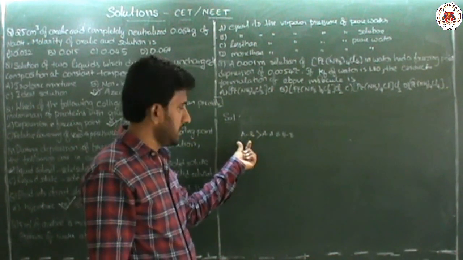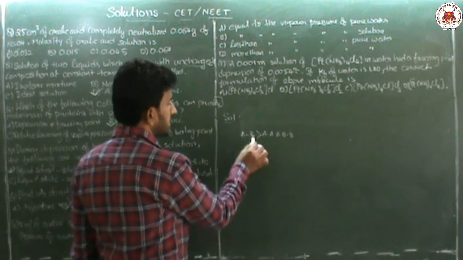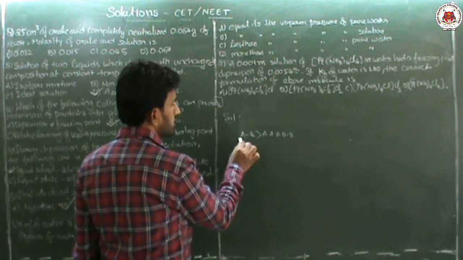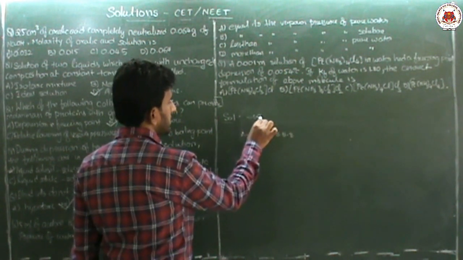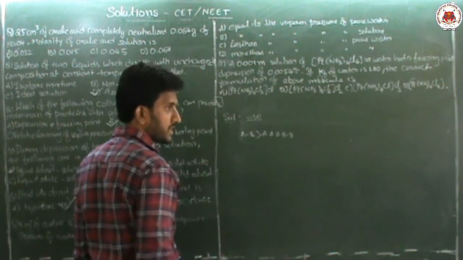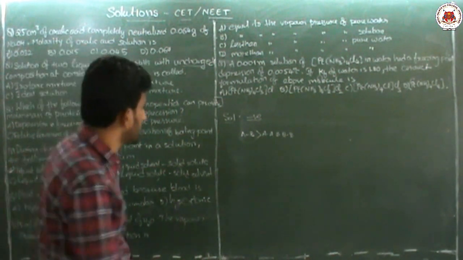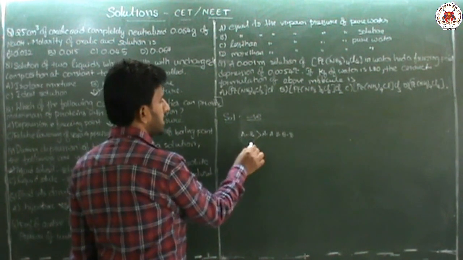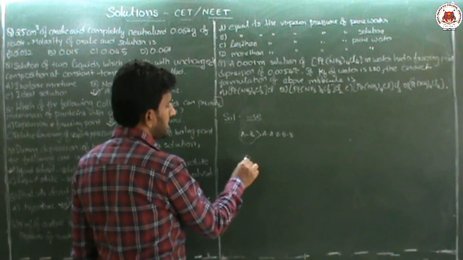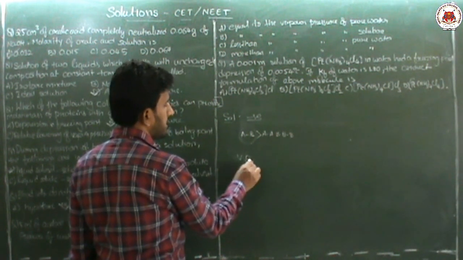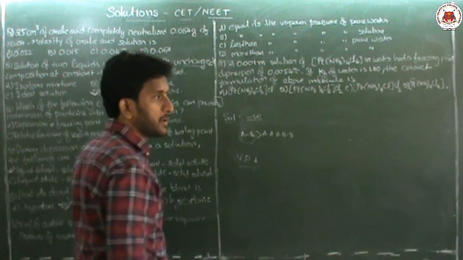Whenever there is more attraction between solute and solvent particles, it results in negative deviation from Raoult's law. So due to more attraction between solute and solvent, the vapor pressure above the liquid decreases.